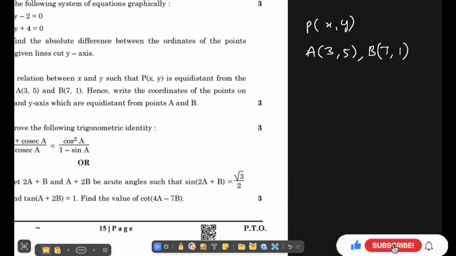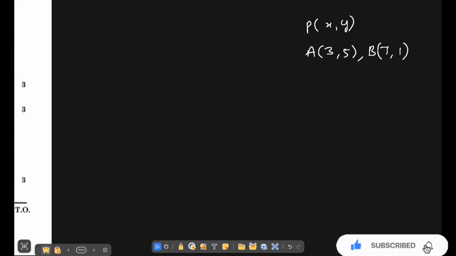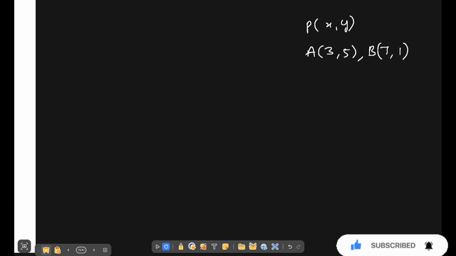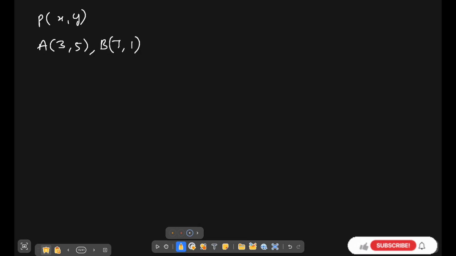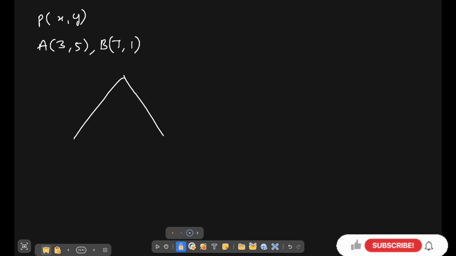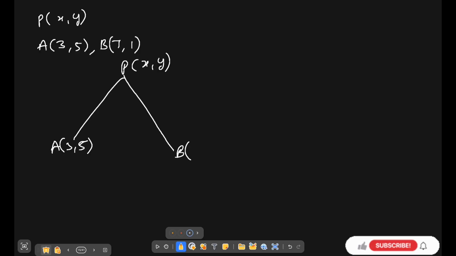So this P is equal distance from A and B. So let us think this is P(x, y), and it is equal distance from A point, which is 3 comma 5, and equal distance from B point, which is 7 comma 1.